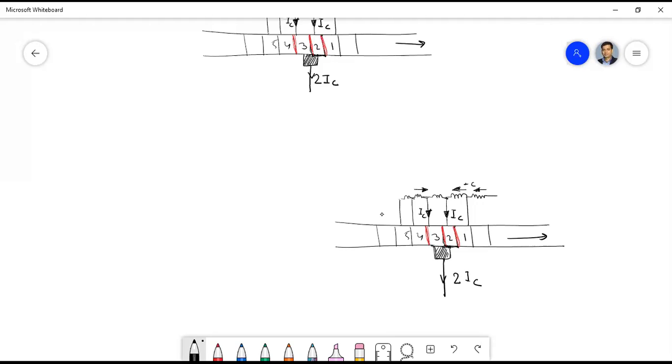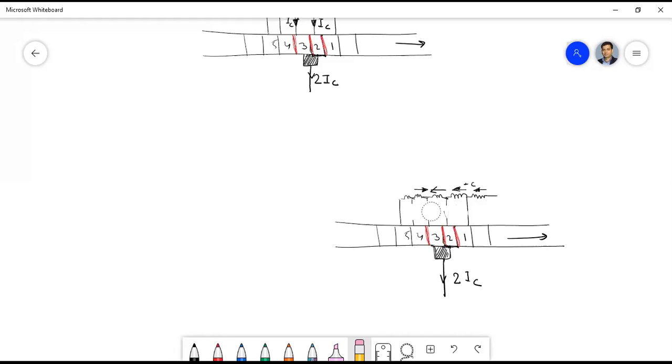Now what will happen? Here the less current will flow through this and more current will pass through this.